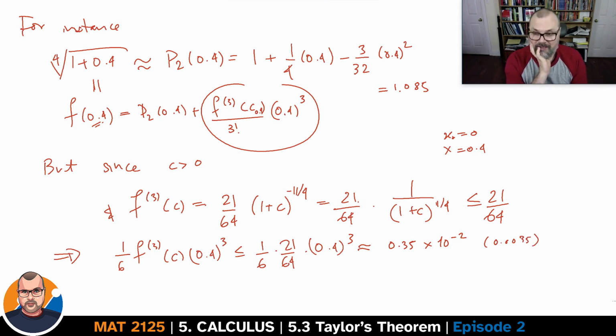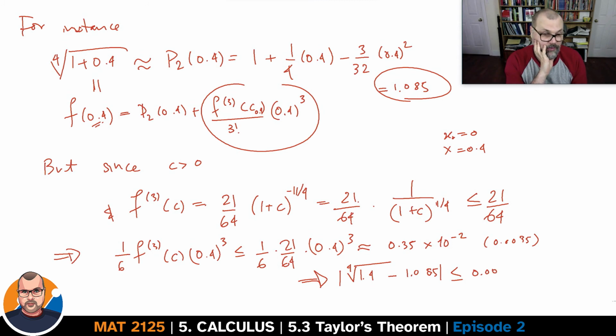Now what this really says is that the difference between the true value, the fourth root of 1 plus 0.4, and the value given by the approximation P2 is going to be quite small. In fact, it is going to be smaller than or equal to 0.0035, which means that this value here is correct for 2 decimal places, at least.